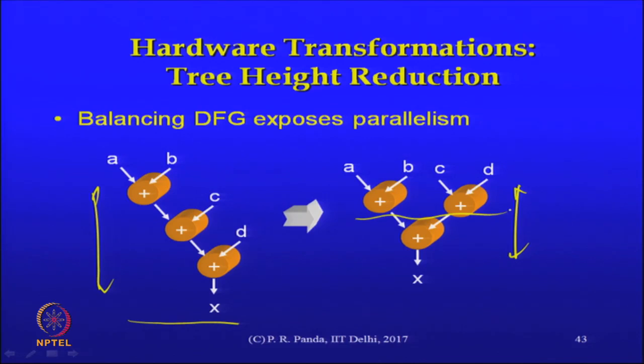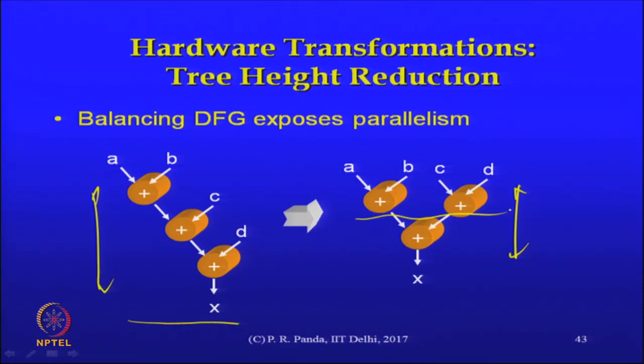The objective is to the extent possible balance the DFG. How do you do this? You have to achieve this through a sequence of rotations of these nodes, right. Even though here the example is simple enough, in the general case this has to be done through individual transforms.